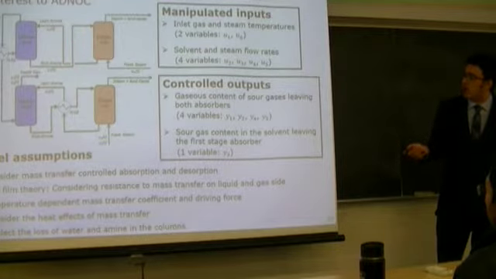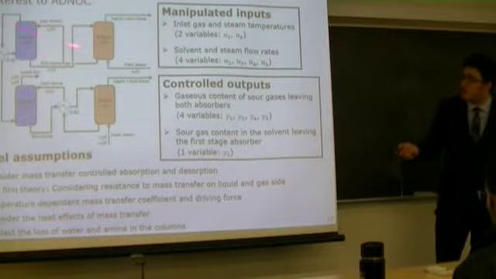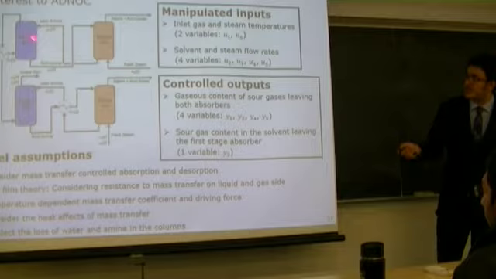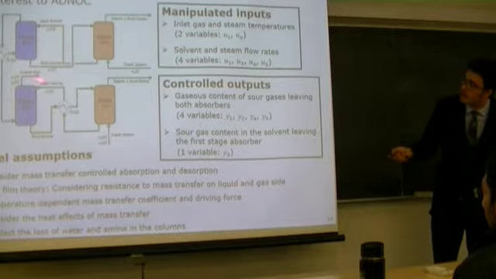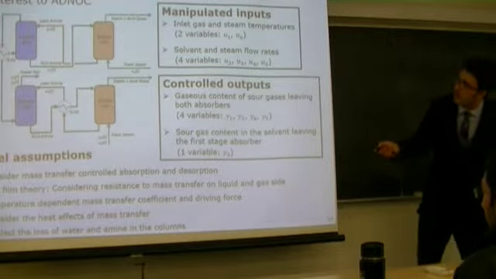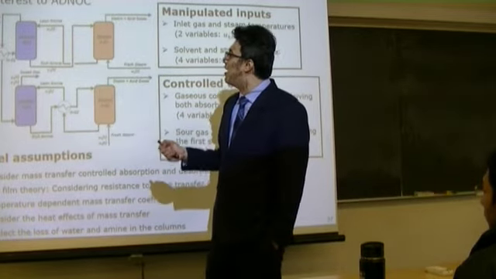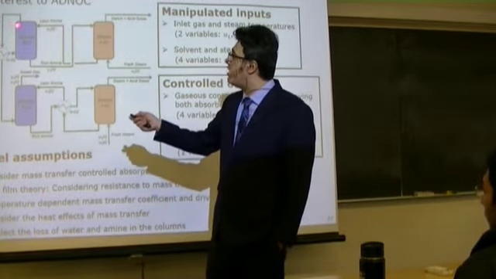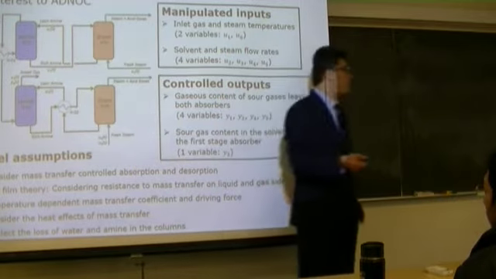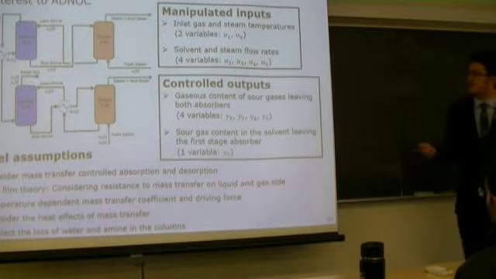The control outputs are considered to be the gaseous content of sour gases leaving both absorber stages, where, for example, Y1 denotes the concentration of the CO2, and Y2 denotes the concentration of the H2S.